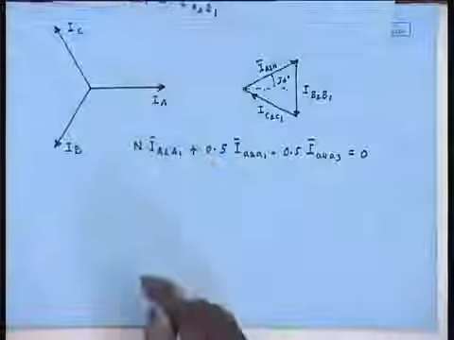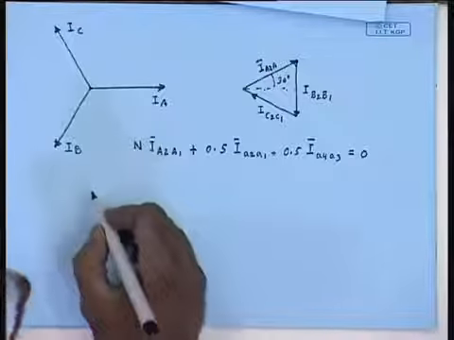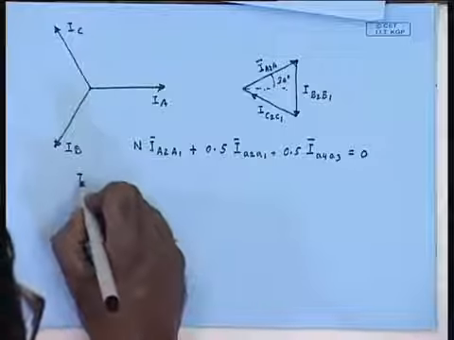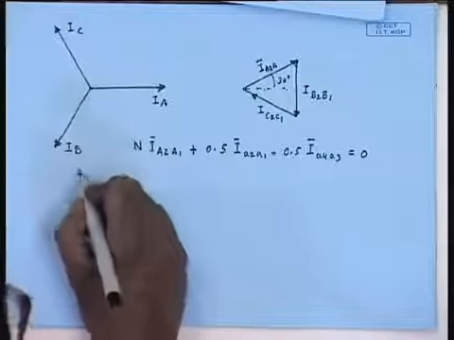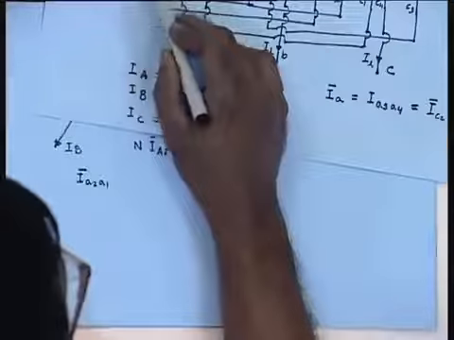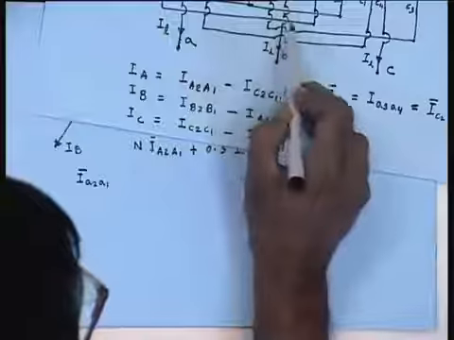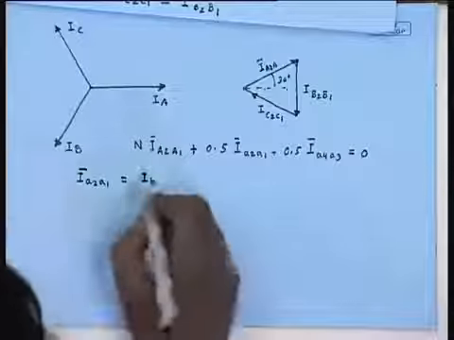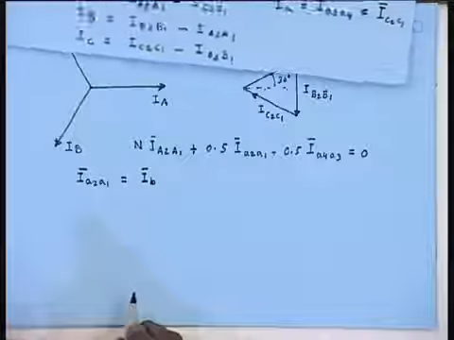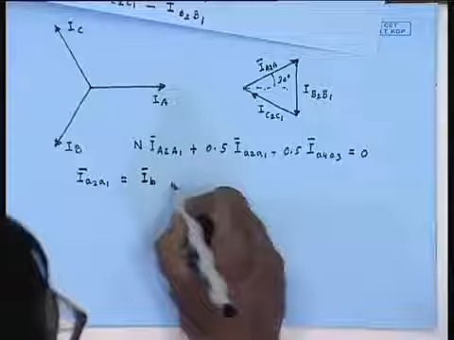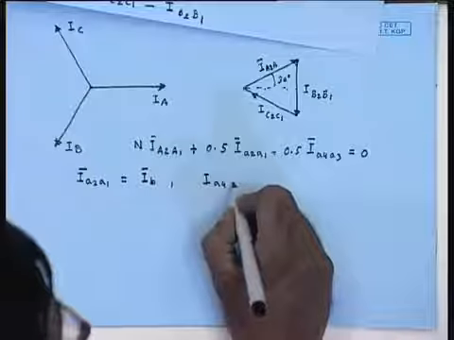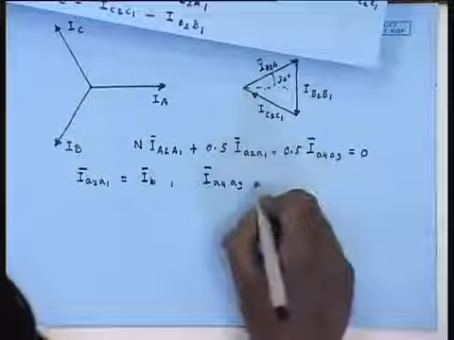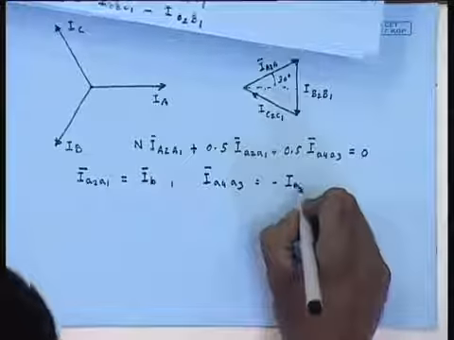But from the phasor diagram we have seen that I A2A1, what is I A2A1? I A2A1 is this current flowing through this terminal, through this and coming out. So, this is equal to IB. Similarly, I A4A3, this we have already seen, this is equal to minus IA.